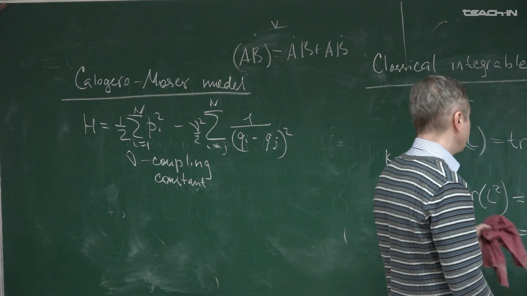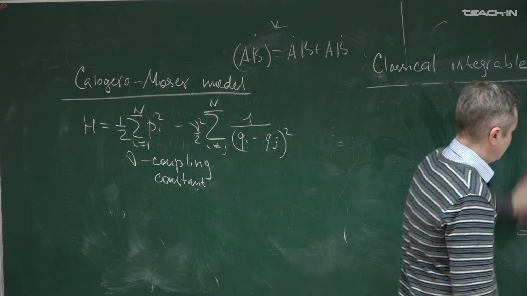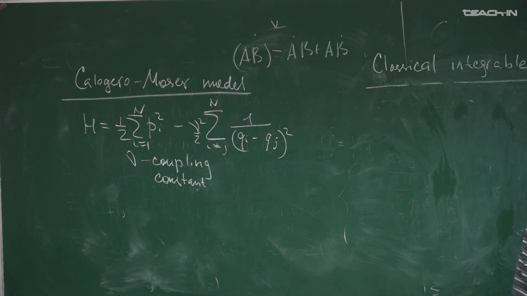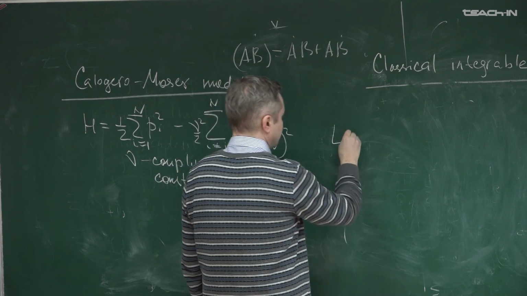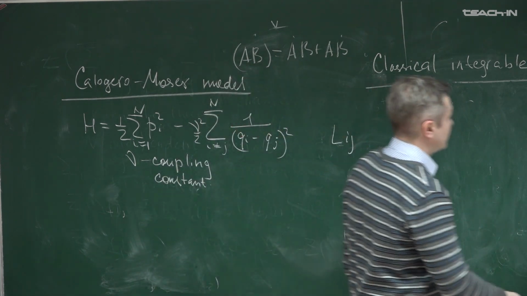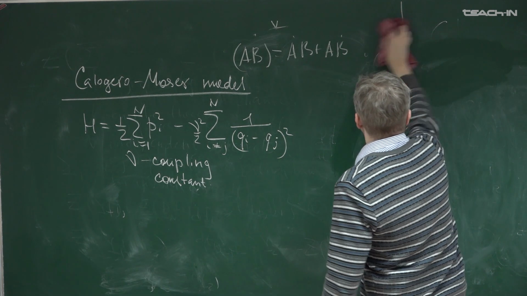Just let me write it how it looks like for you to understand the nature of the objects we are discussing. So this L can be, let me write it here.